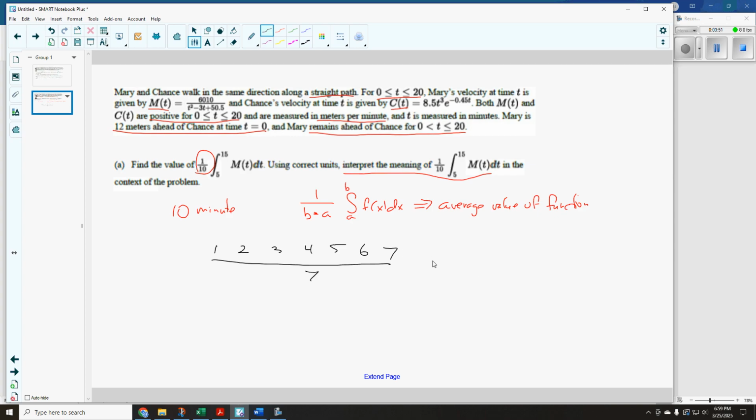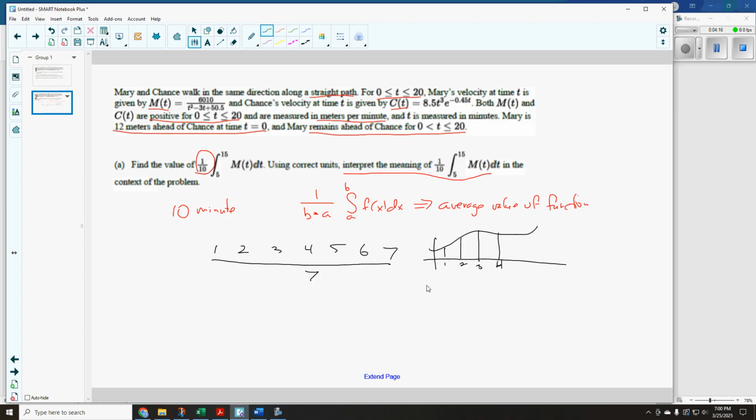Similarly, if I had a function here, and I knew the value at t equals 1, and the value at t equals 2, and the value at t equals 3, and the value at t equals 4, etc. And I wanted to estimate the average value.